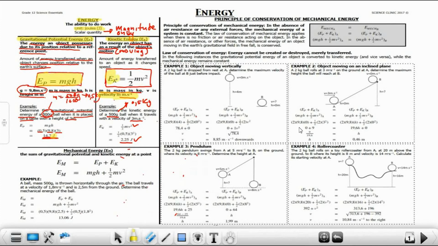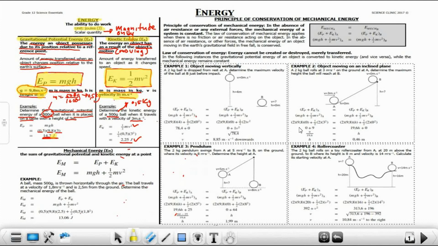But what is important is once we understand how each will influence the SI units, then we are in the right way of saying: if I am working with EP is equal to mgh, then my height must be in meters and my mass must be in kg.